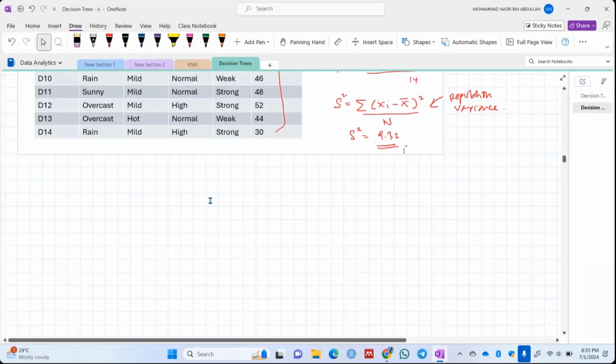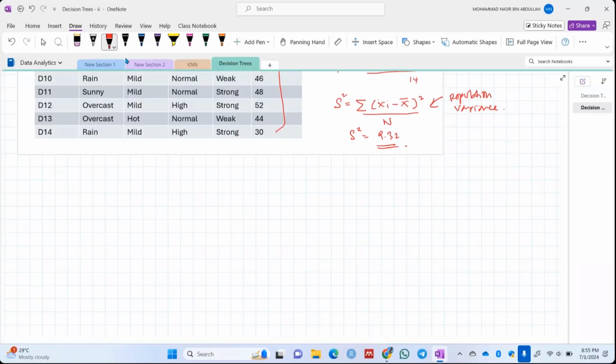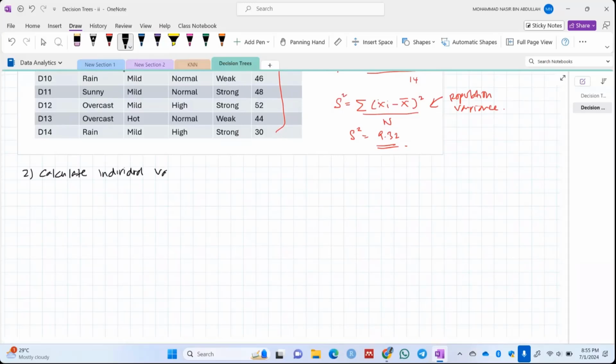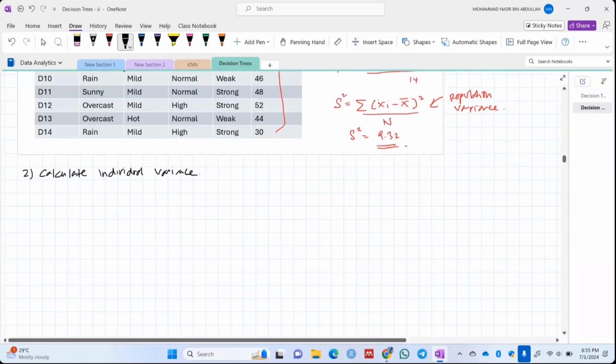Next step, I will cut short because it's going to be very long. Next, we will calculate the individual variance. For example, we have four variables. The first variable is outlook. We do the first variable first. We have sunny, overcast, and rain.